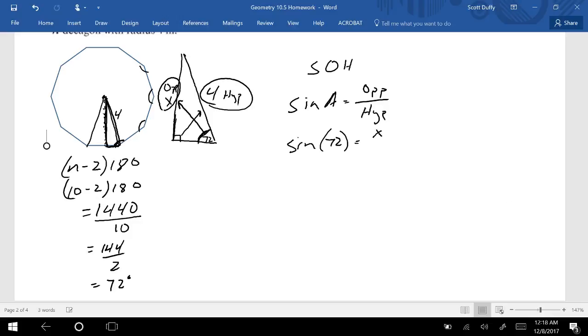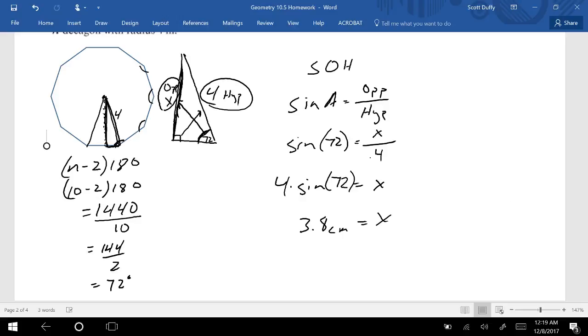The opposite we do not know, but the hypotenuse we know is 4. So keep x on the right side, move 4 by multiplying it over here. 4 times the sine of 72. See what that equals to figure out what the apothem is. And you should get an apothem, or height of this triangle, being 3.8. And that would be centimeters also.